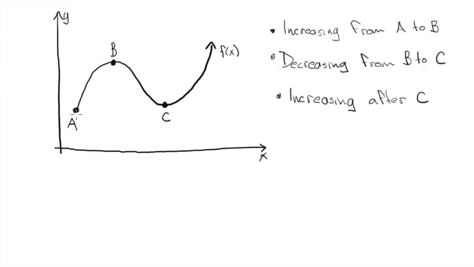Now we'll often talk about intervals of increase and decrease. In those cases, we'd be looking at for which values of x is the function increasing. So let's call these values point B, the x value will be B, and this one will be C. So we would say the intervals of increase, meaning which values of x this function is increasing.